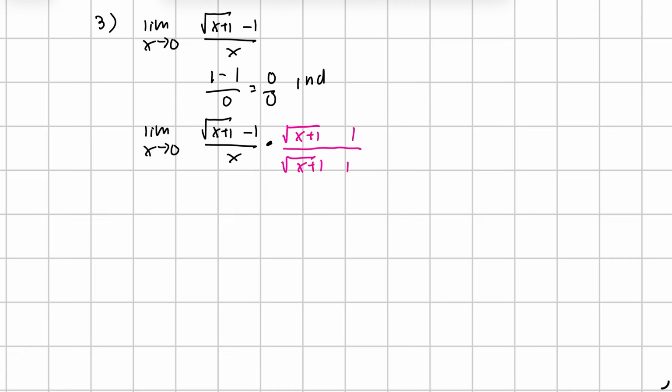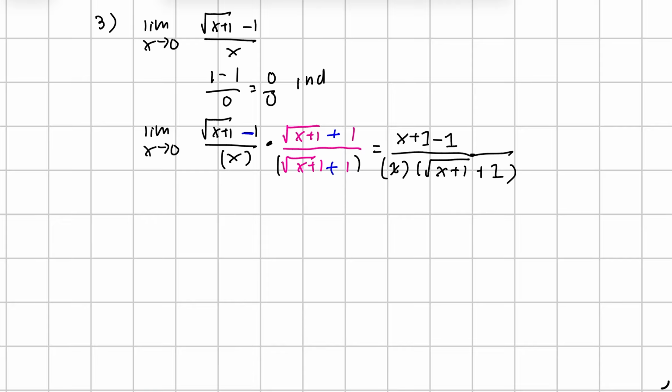We have 1 here and 1 here, except we're just going to change this to a positive sign from that negative sign. Now, if we multiply, we get x plus 1 minus 1 here, and in the denominator, we get x. We're just going to keep it x and root x plus 1 plus 1.